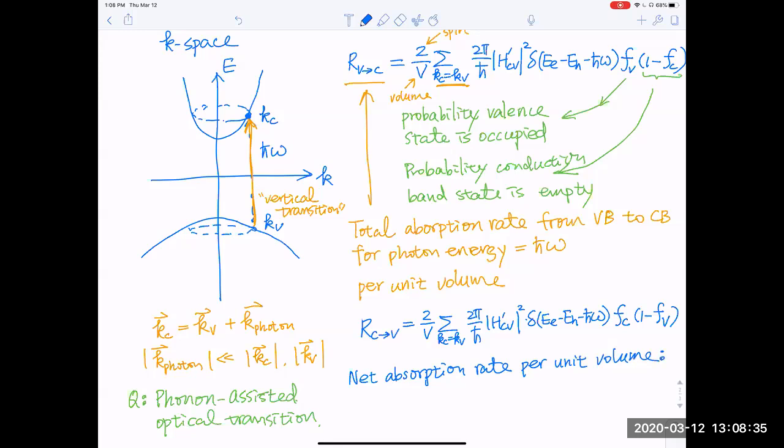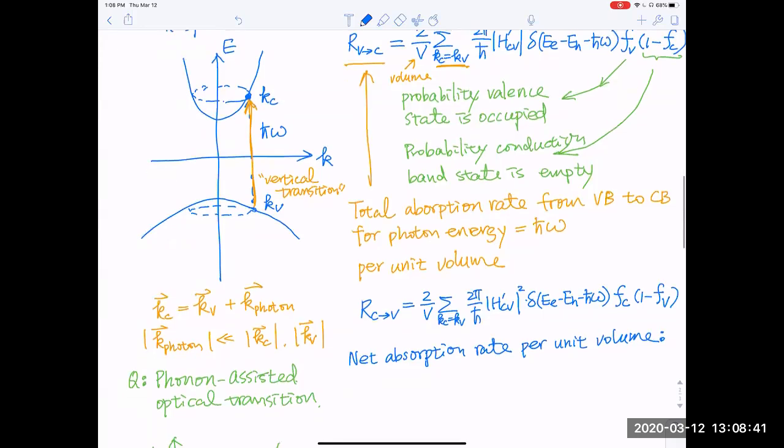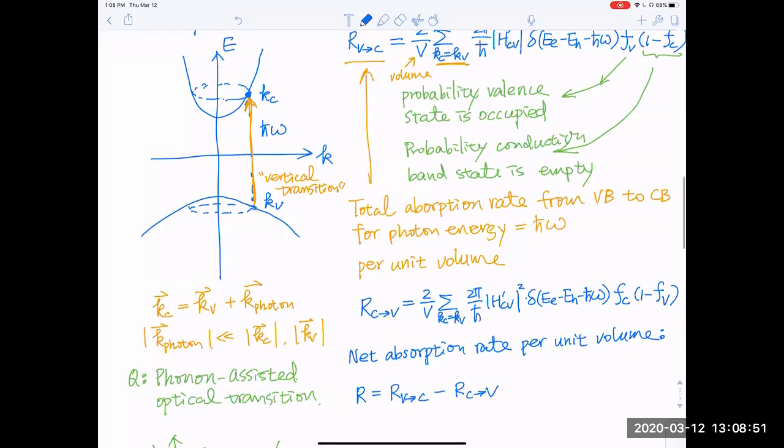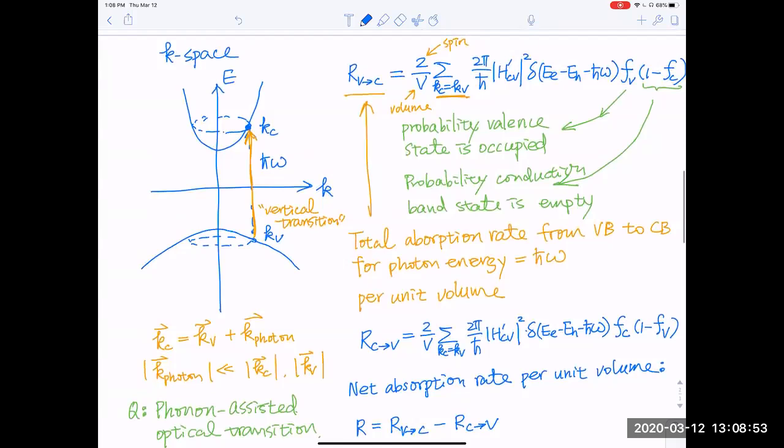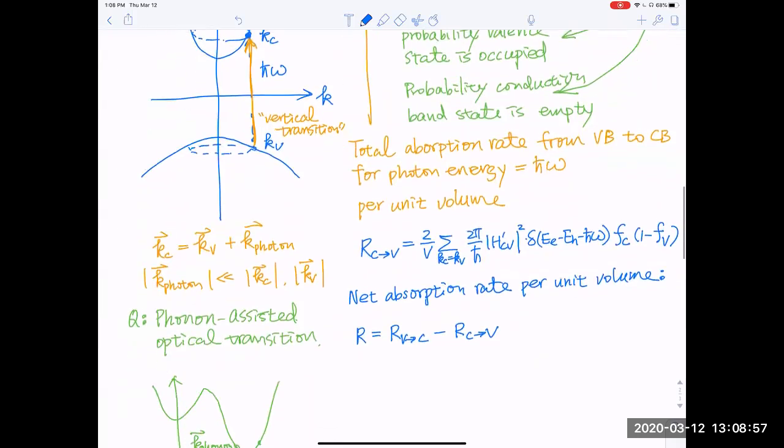This is simply the downward transition subtracted from the upward transition. So the net transition rate is basically R_V to C minus R_C to V. You observe these two equations: the only difference is in the population probability.